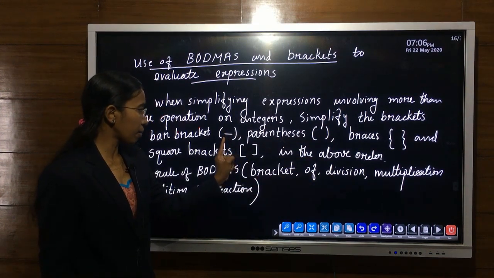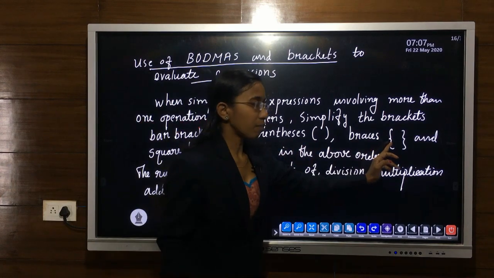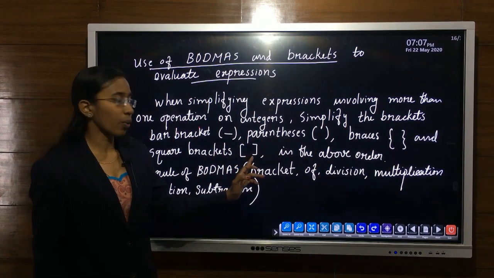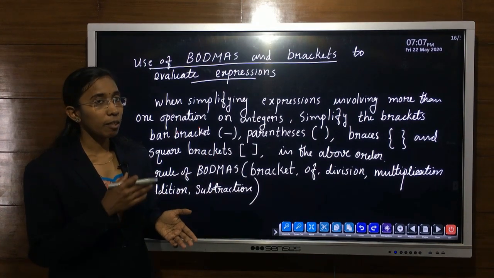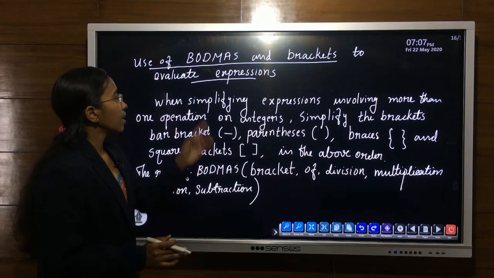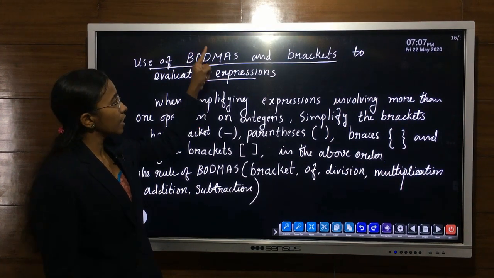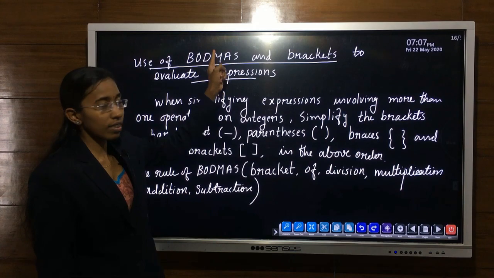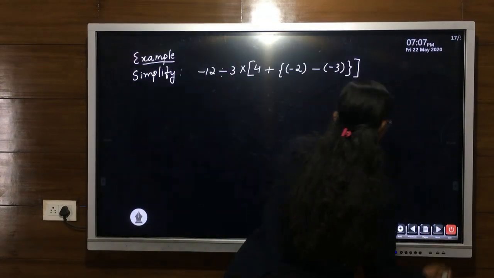Then first open bar bracket, then simple brackets and braces, and then square bracket. This is the order of opening the brackets. Okay, and then if there is any division, then do the division first, then multiplication, then addition and then subtraction. So this is BODMAS rule.